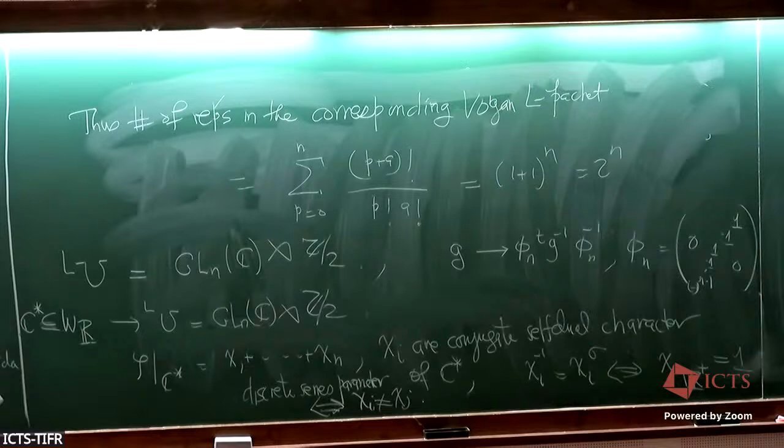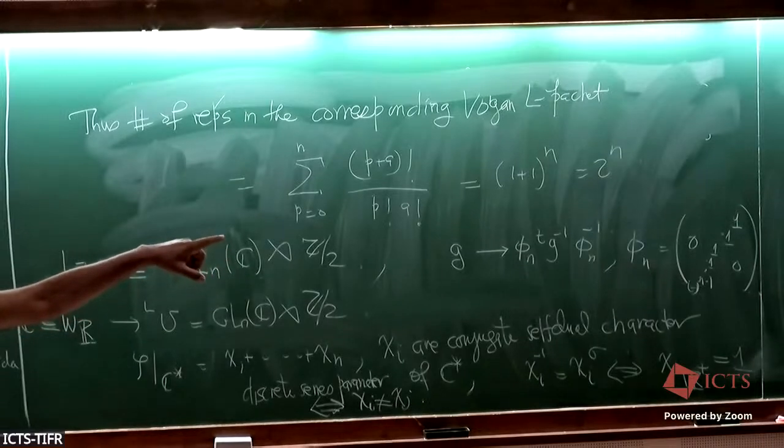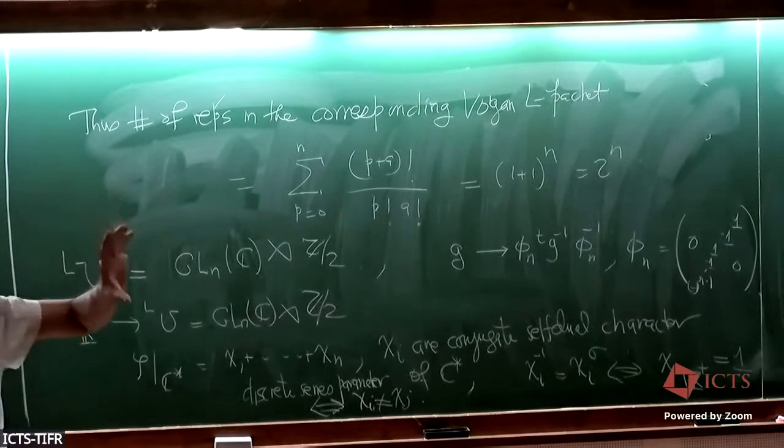So what one is saying is that giving a character of the component group gives rise to a particular representation of U(p,q).